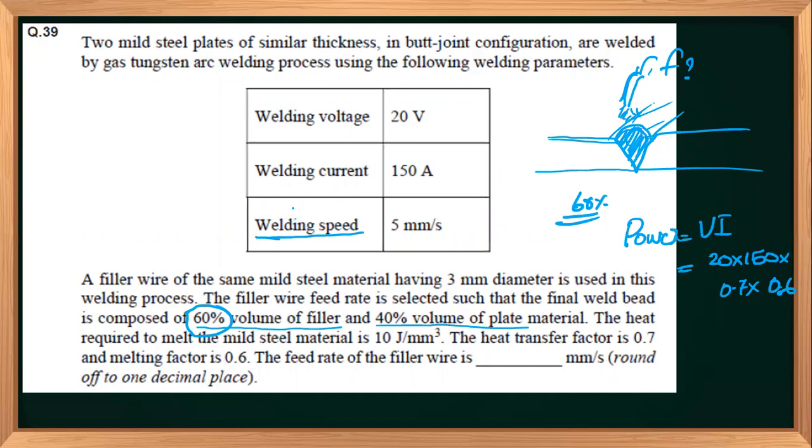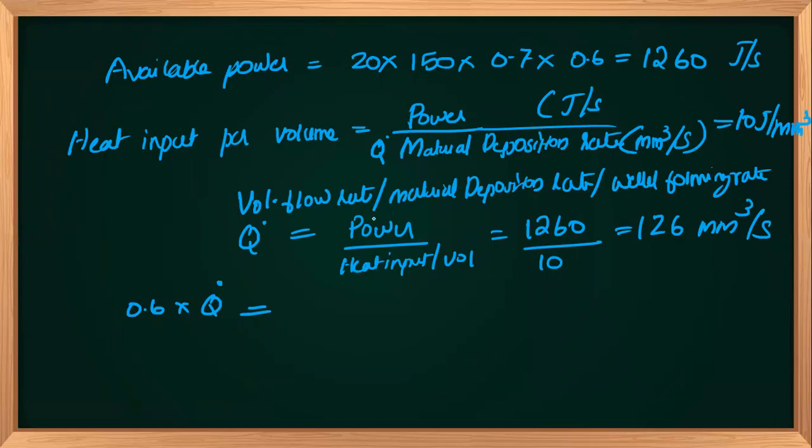Fine. It will be equal to the area of the welding wire, 5/4 into 3 square, multiplied by the feed rate. What is this unit? This will be millimeter square. What will be the feed unit? It will be millimeter per second. So what you get will be in millimeter cube per second.